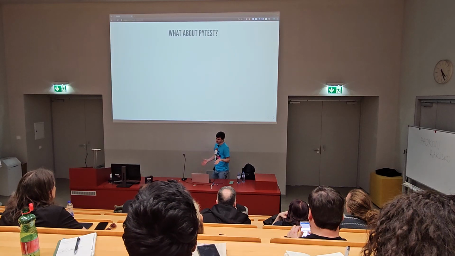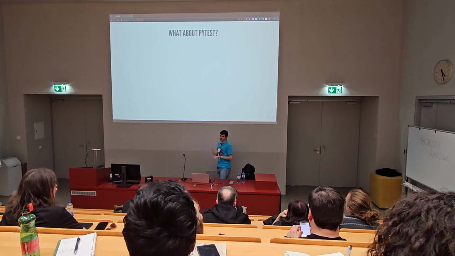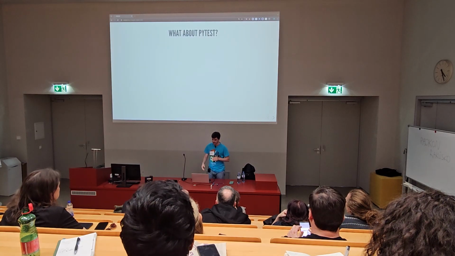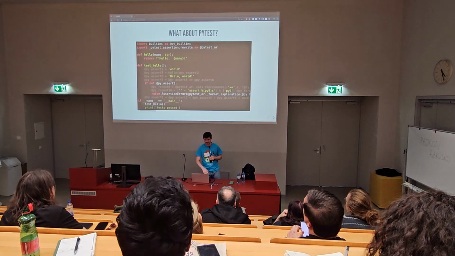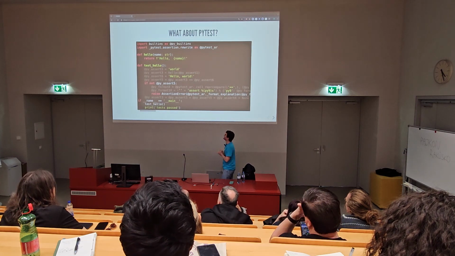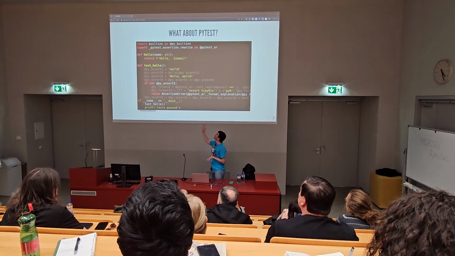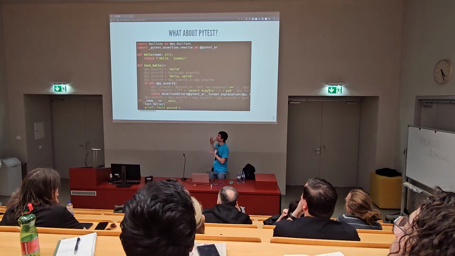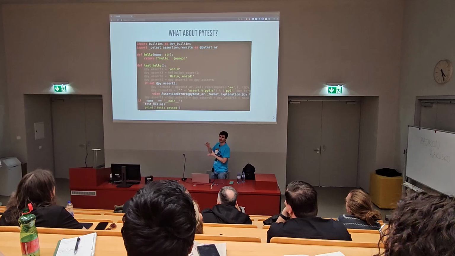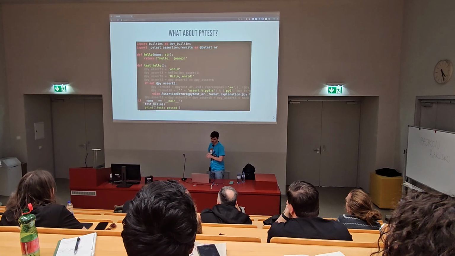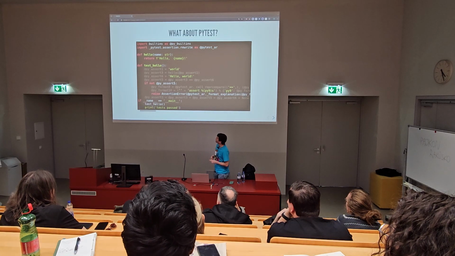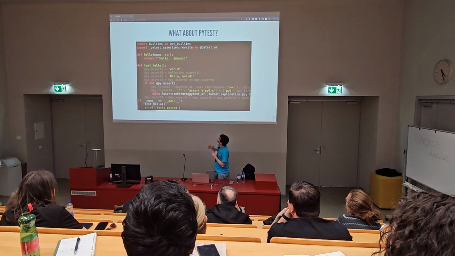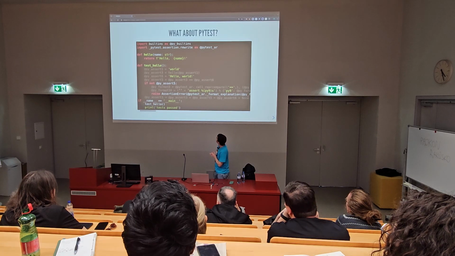So what about PyTest? How do they transform the code? Since I just said this was a lot of code, let's get some more code. This is what you get if you do ast.unparse on the AST transformed by the PyTest assertion rewriter. And it's pretty similar, I would say. It's similarly hard to read on the screen.